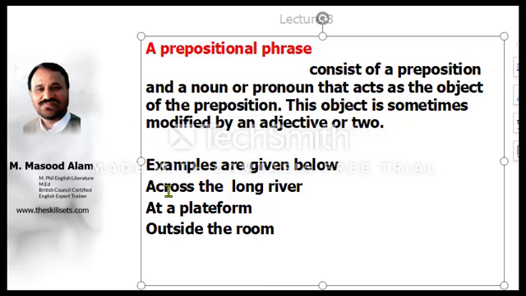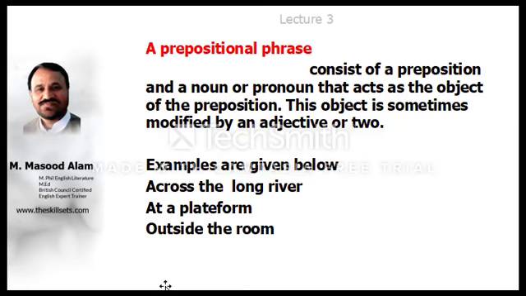At a platform. Here platform is a noun, a is the determiner or article, and at is a preposition. So a platform here is the object of the preposition at, and at plus the object of the preposition combine and can be called a prepositional phrase.